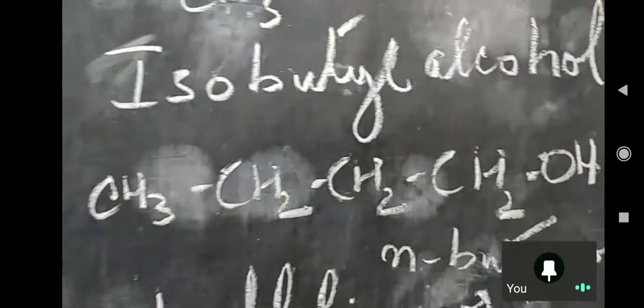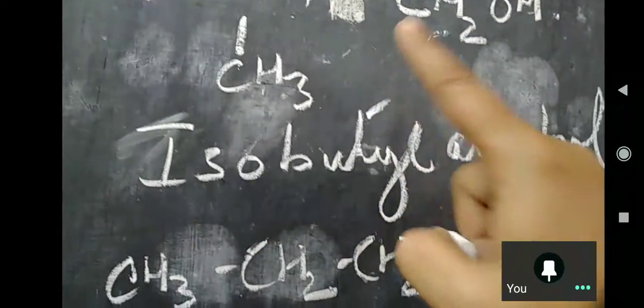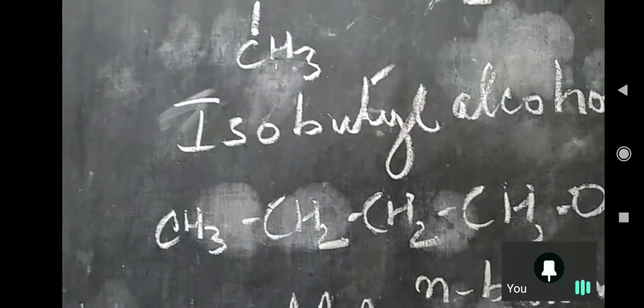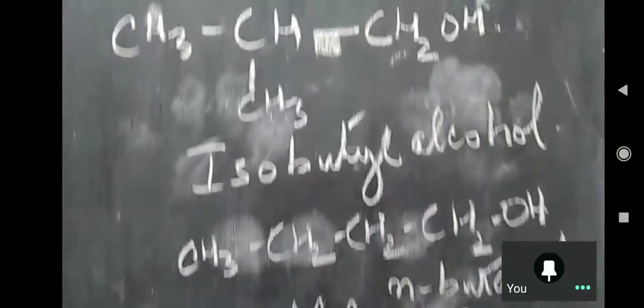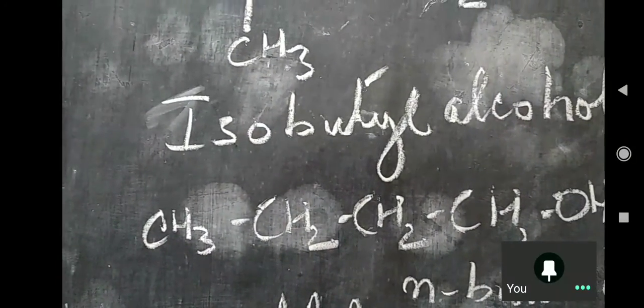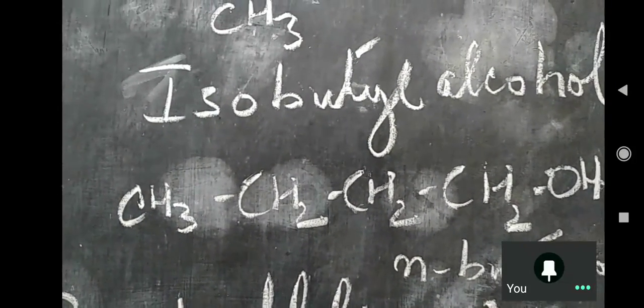Okay? Alright. Now this can be changed into this if it is heated with anhydrous aluminum chloride. I am writing here. Anhydrous means without water. This reagent, if it is used, you can convert a straight chain compound into a branched chain compound, which is a chain isomer.